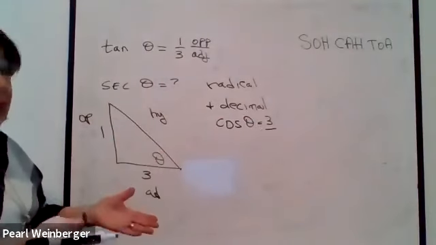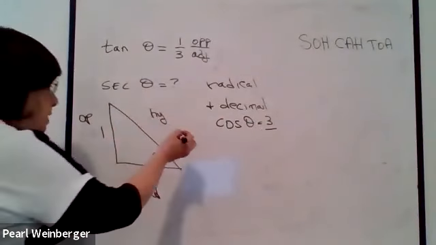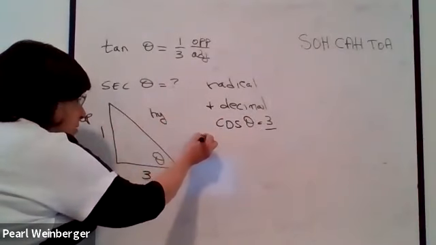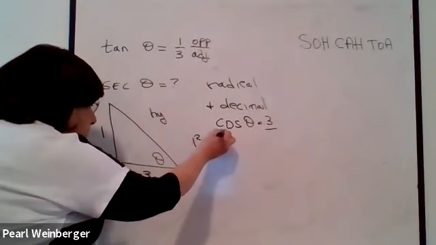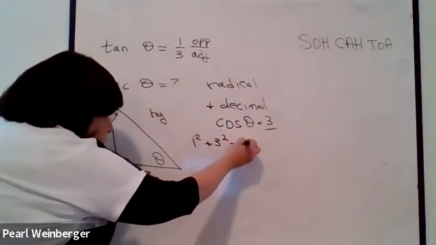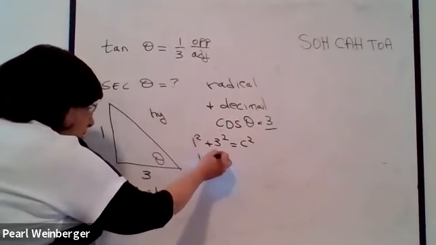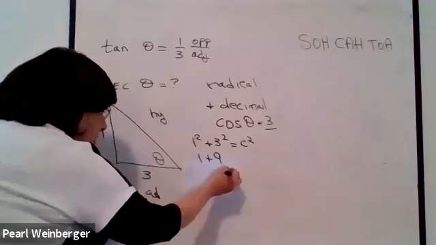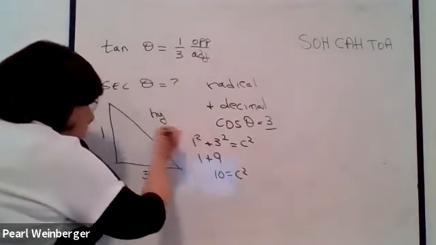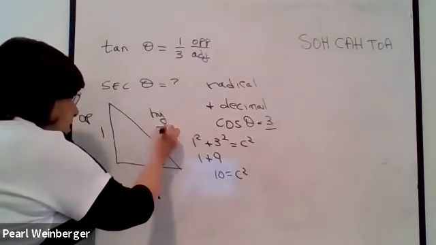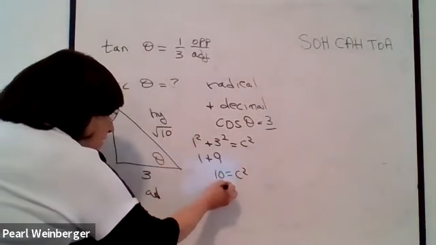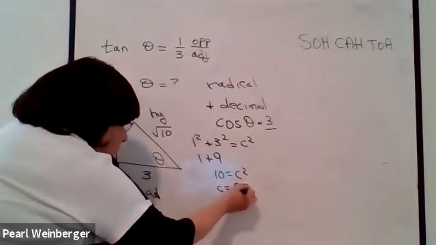Again, I don't know what the hypotenuse is, so I do my a squared plus b squared equals c squared. So this will be 1 plus 9, which is 10. 10 is c squared. So this has to be the square root of 10 is what my c is.